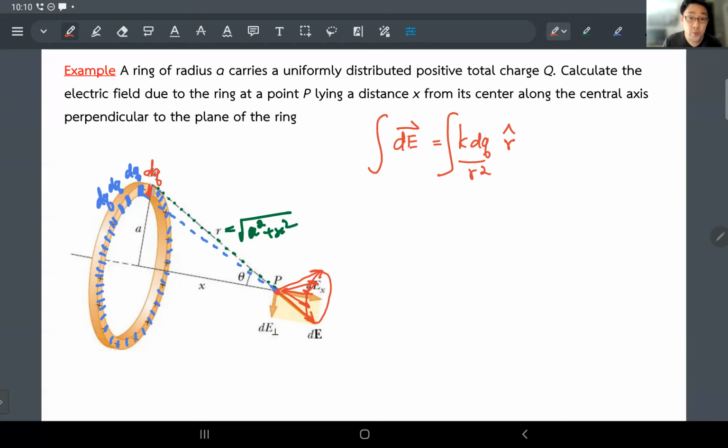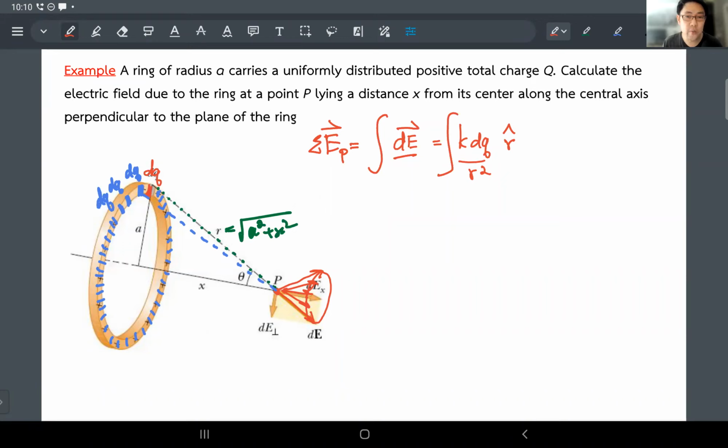You want to sum all the dE, and at the end you get the total electric field at point P. This is fine, but in reality this is just an equation telling you what you want to do. When you really want to do the real thing, you have to have a way that you can actually do the summation.